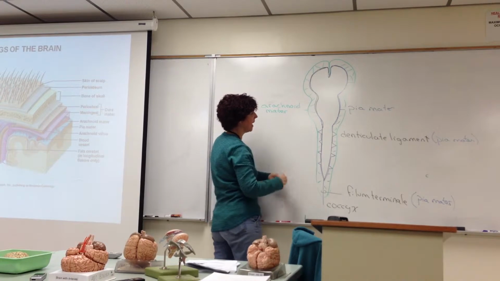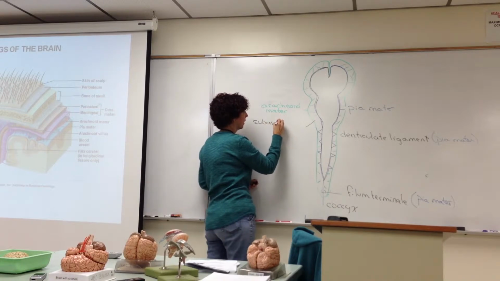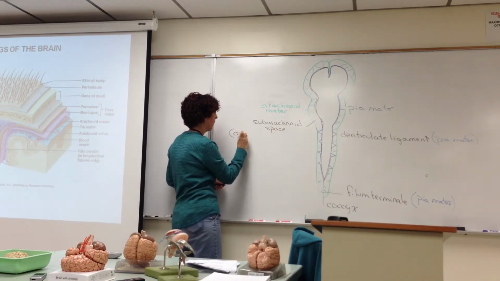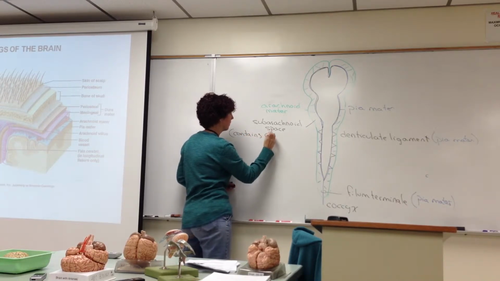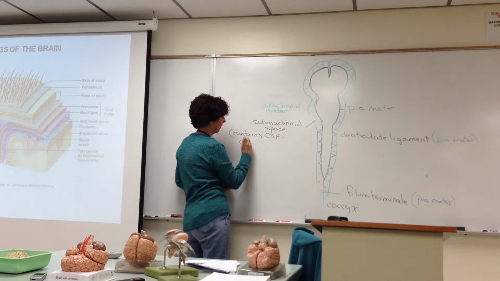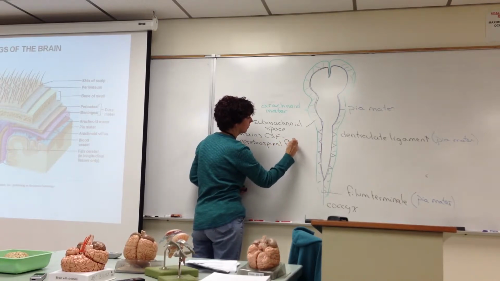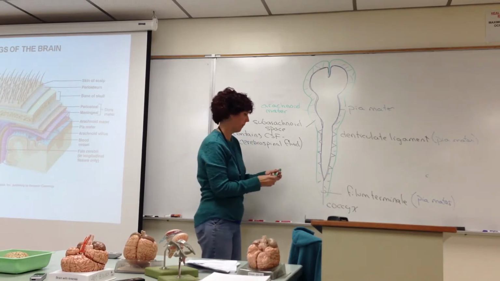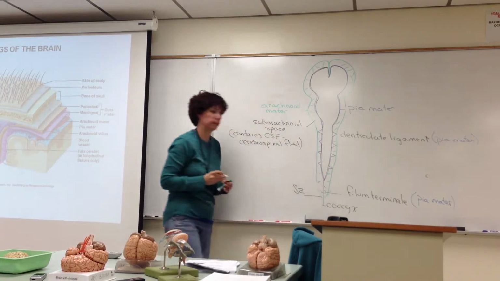And the space between the pia mater and the arachnoid matter is subarachnoid space, and it contains cerebral spinal fluid, or CSF. And it stops at the level of the second sacral vertebra. So we put that as S2.